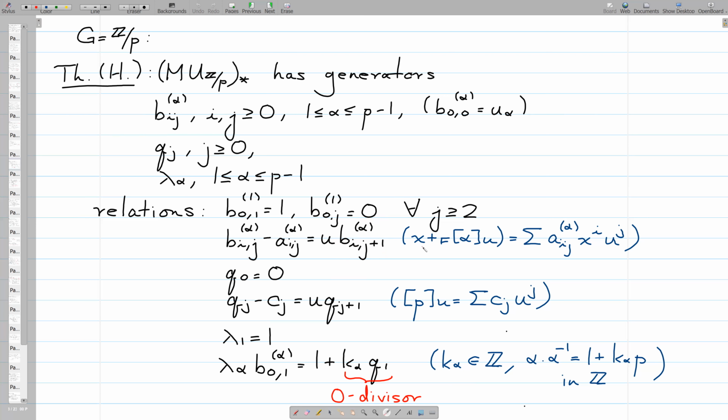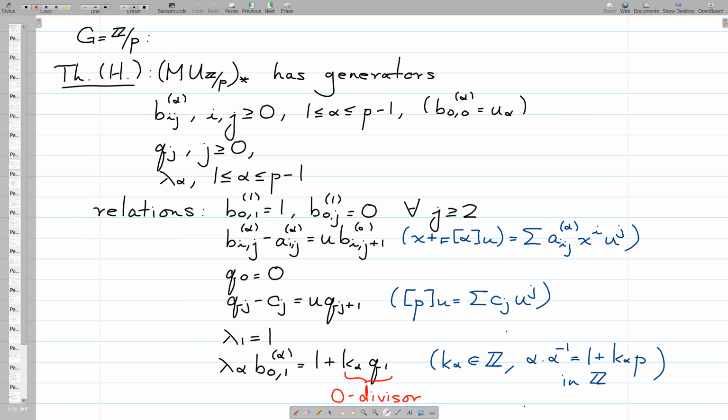So the Aij alphas are, you take X plus F over the alpha-series on U, where remember that U is U1, and the coefficients are what I call Aij alpha. The relations involving Q are similar to the Z mod 2 case.